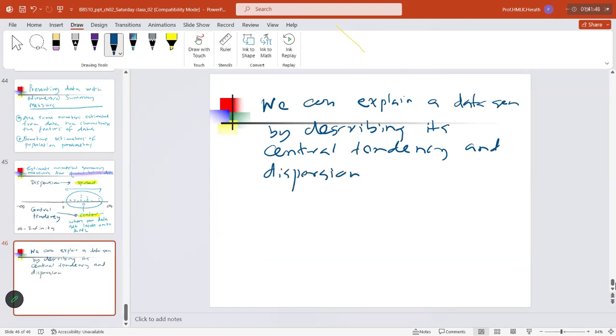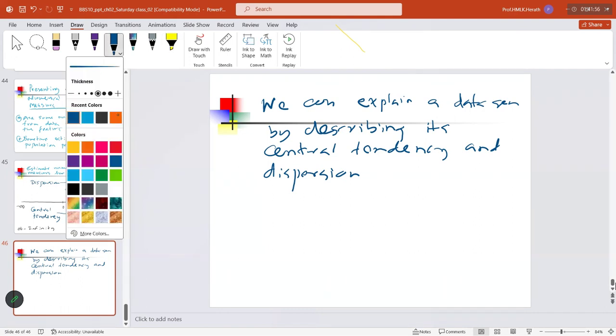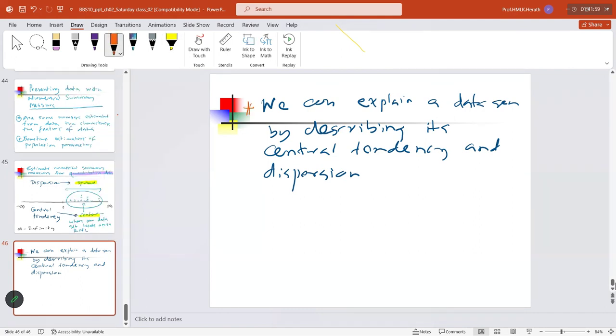So this is what we do with numerical summary measures, right? Explain the data set with central tendency and dispersion.